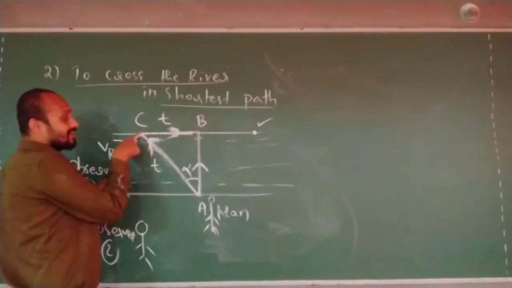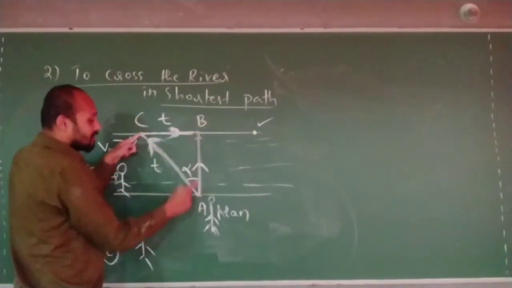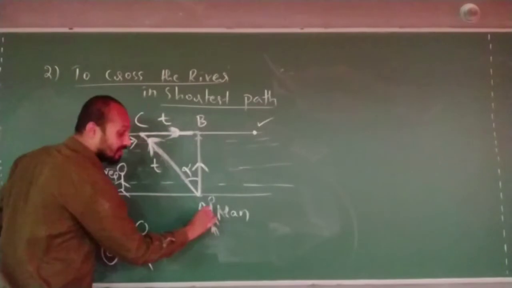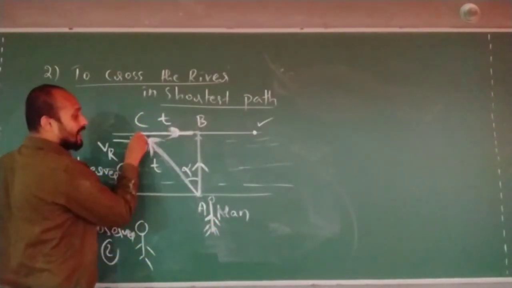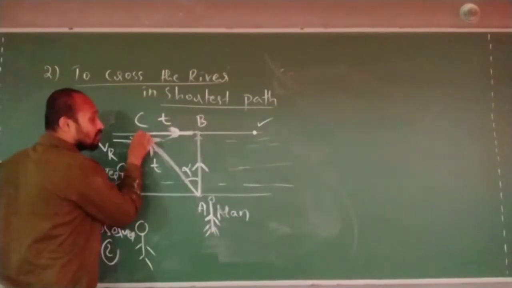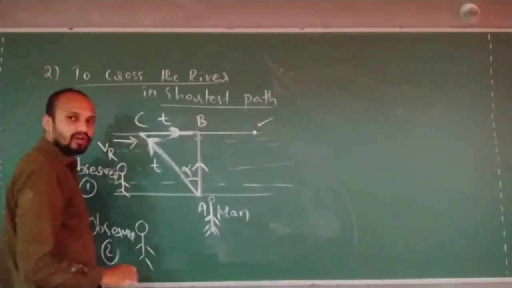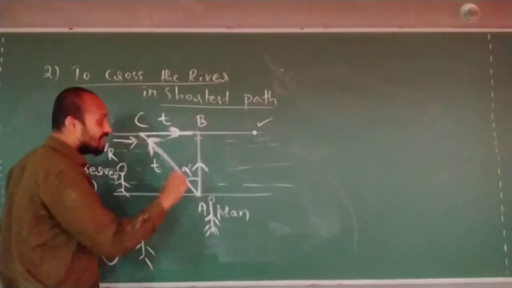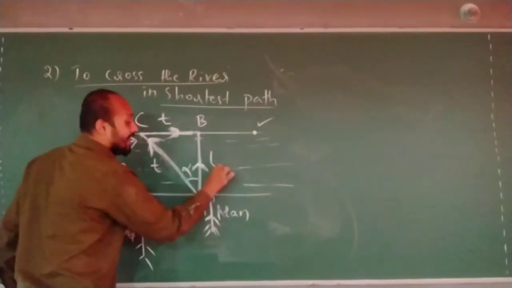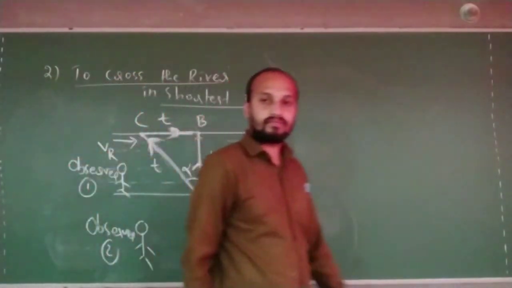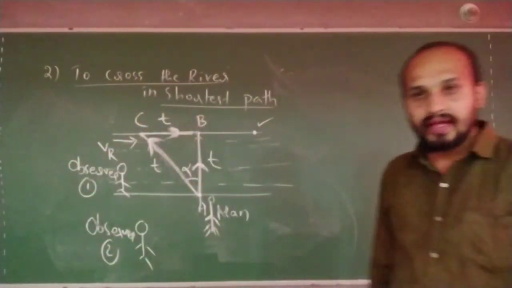By the time he reaches here, the river will push him here. That means in the same time the man tries to reach here, the river will push him the distance C to B. Yes or no? Such that he will travel from point A to B in time t only. Correct? In time t only.